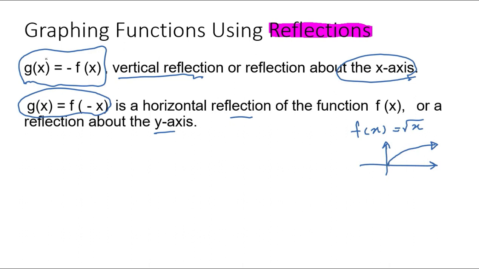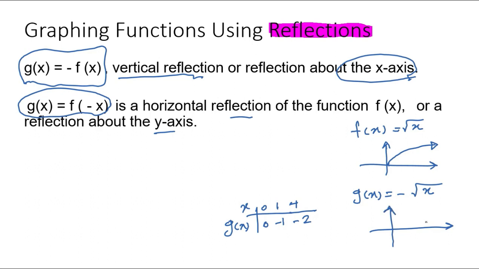Now, if I want to find negative f of x, that means g of x is equal to negative square root of x. If I give points x, g of x: 0, 0; 1, negative 1; 4, negative 2, and I graph it: 0 and 0, 1 and negative 1, 4 and negative 2.